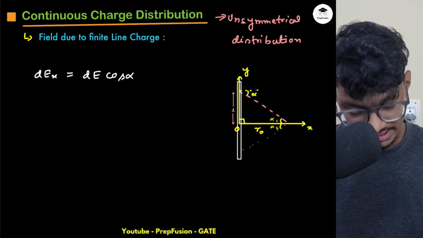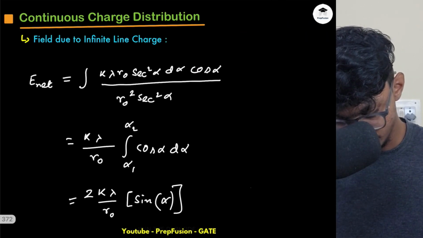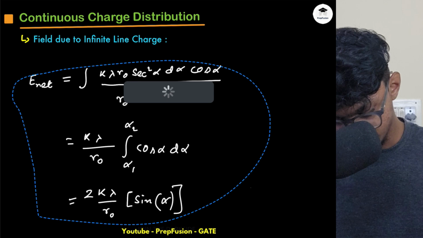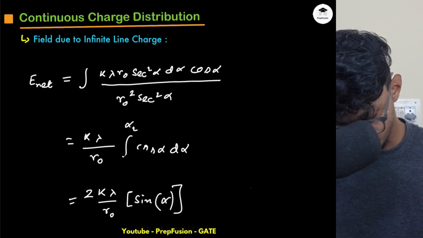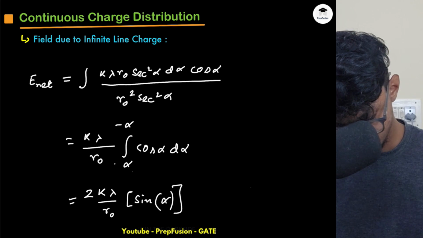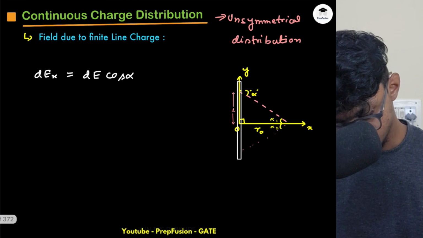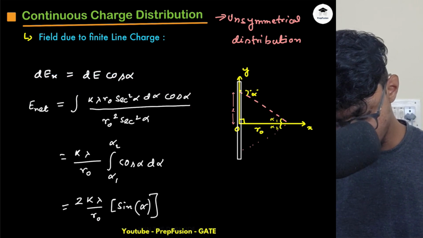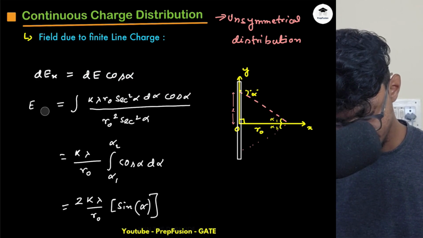So the same derivation will happen. All of this will be the same only. Just Ex will be present, and the difference will be here, right? This is actually from minus alpha to plus alpha. Sorry, plus alpha to minus alpha. So this thing will be the same only. Just the difference will be, instead of it being E net, this will be Ex.